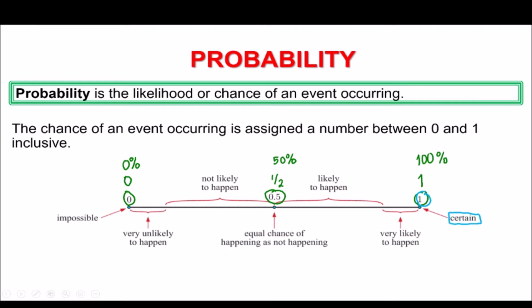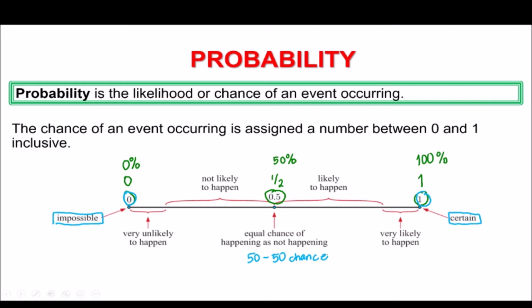Now, if the probability is 0, then it means that the event is impossible to happen. While getting a probability of 0.5 or 1 half means that there is a 50-50 chance that the event will happen.